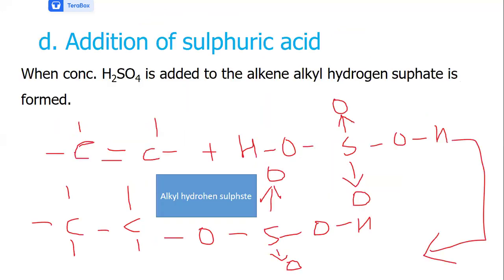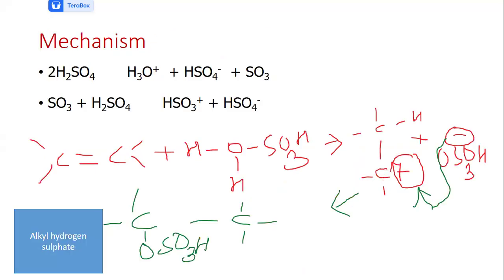Addition of sulfuric acid. When concentrated sulfuric acid is added to an alkene, alkyl hydrogen sulfate is formed. The alkene with sulfuric acid produces alkyl sulfuric acid.